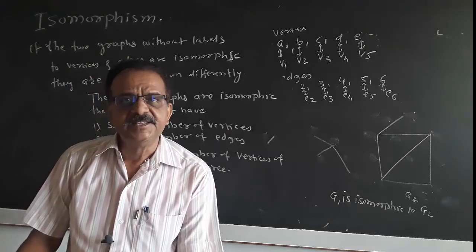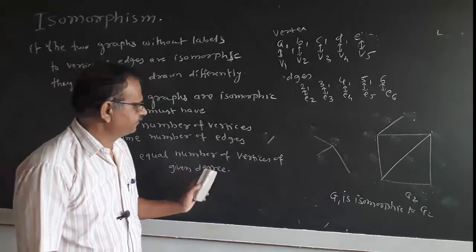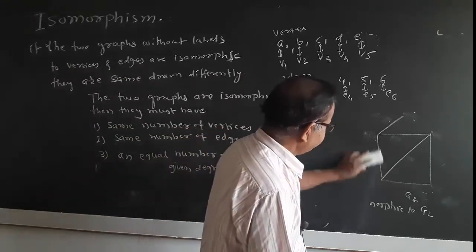These are the necessary conditions for the isomorphism of two graphs.